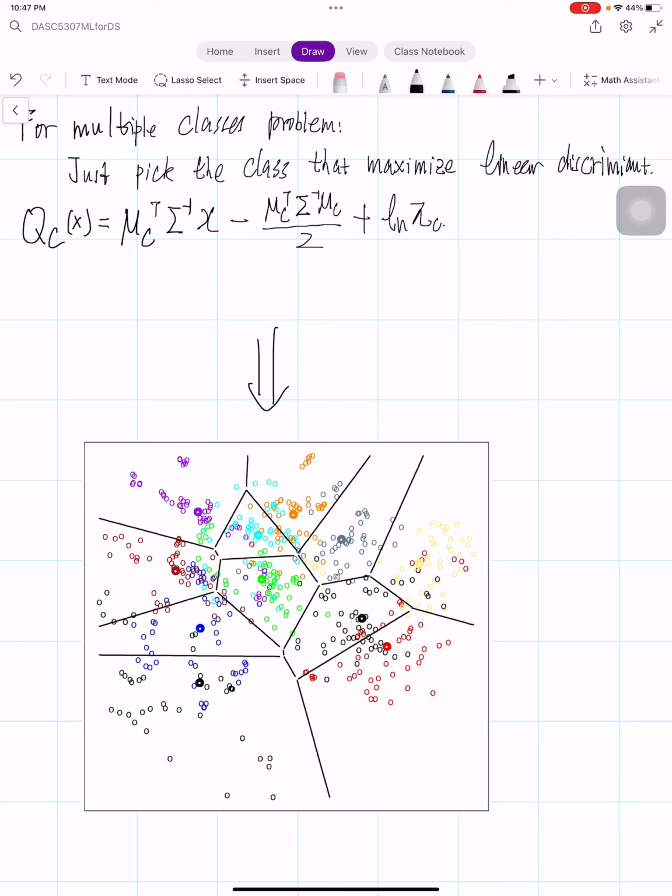The advantage of a linear classifier is that to find the decision boundary, we just need to solve a linear system.